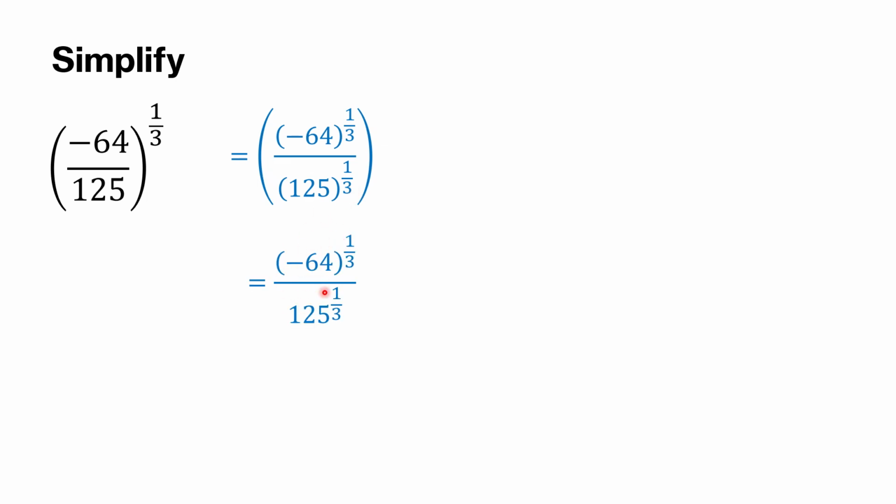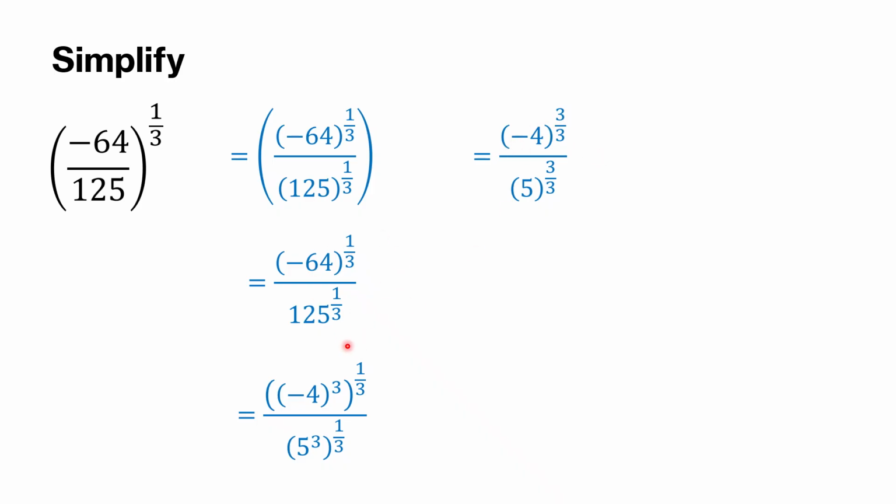So this is how it works. If it's a perfect cube number, that's negative 4 raised to 3 times 1 third, and 125 is a perfect cube number as well, so 5 cubed raised to 1 third power. Working on that, you multiply 3 and 1 third, that will be negative 4 raised to 3 over 3, then 5 raised to 3 over 3. Simplifying that, that will be negative 4 over 5.